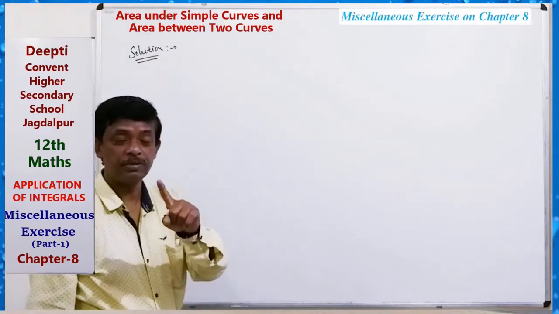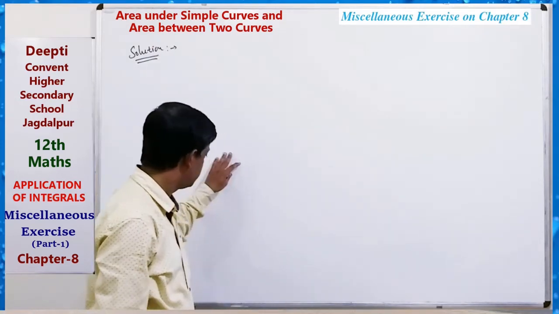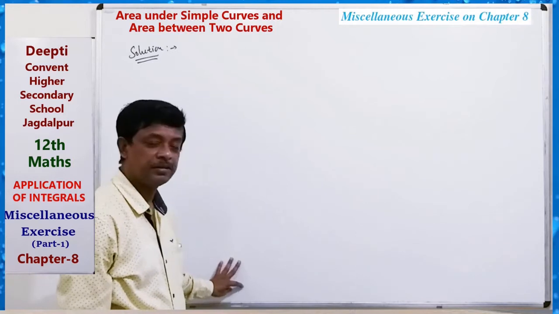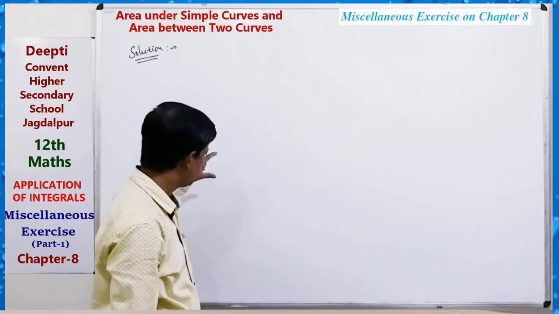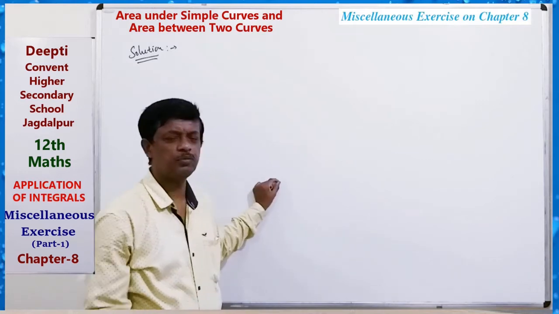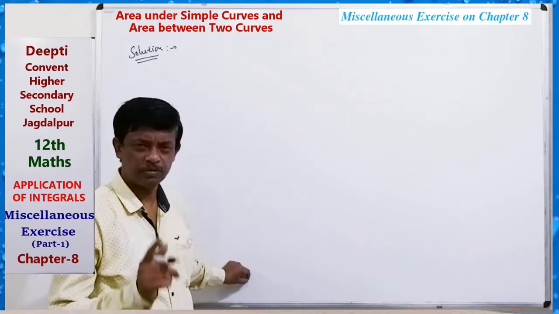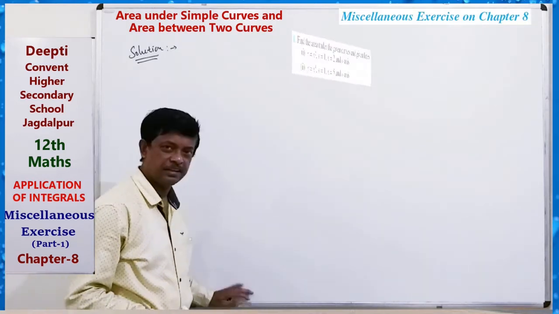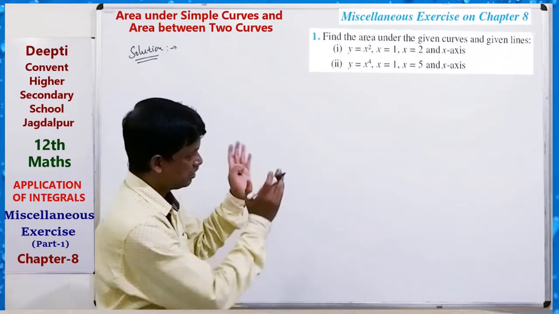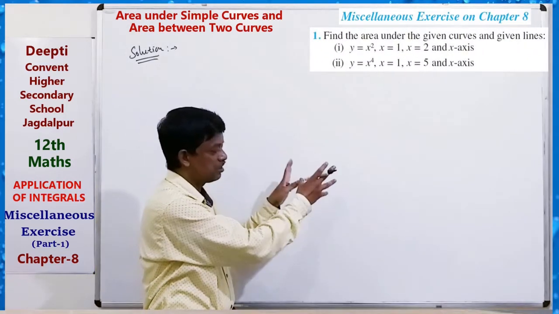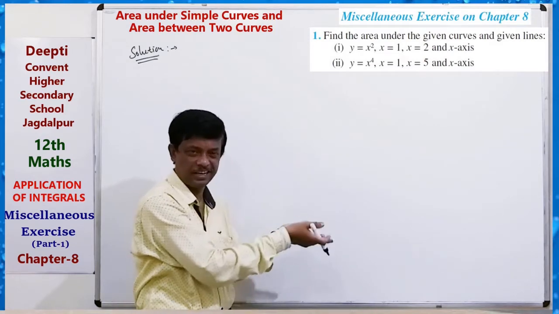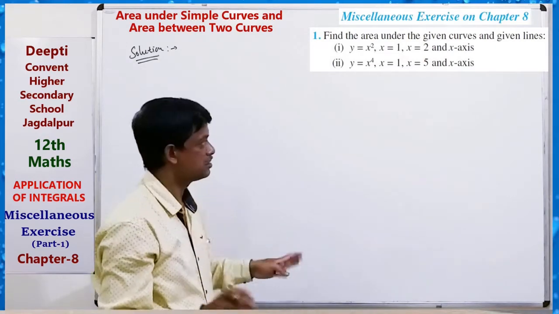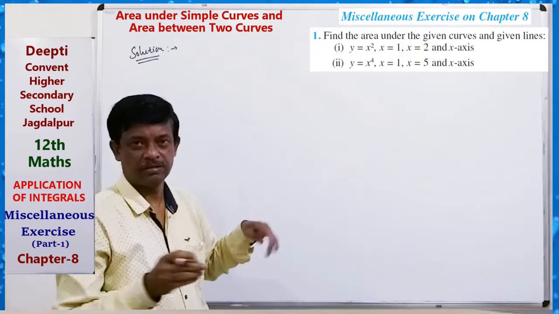I will give the complete discussion up to the integration, just putting the limits and the integral. You have to solve this integral. Then what is the diagram? What is the required portion for which we have to find the area?